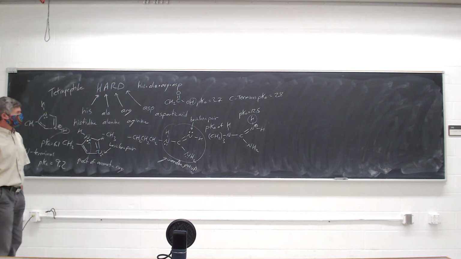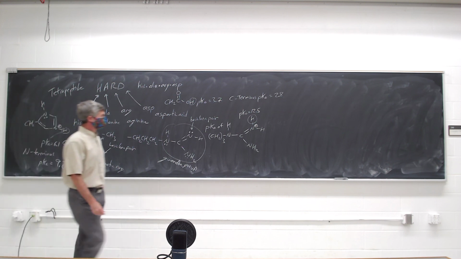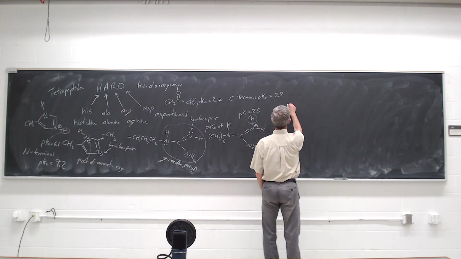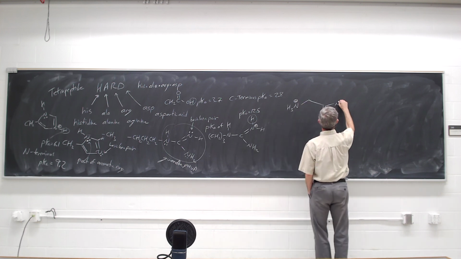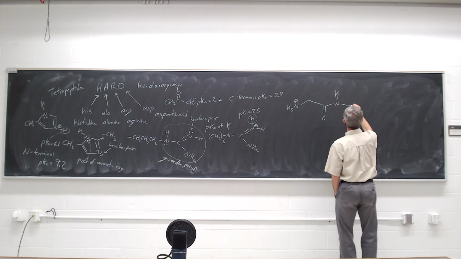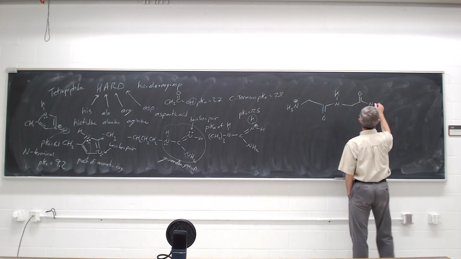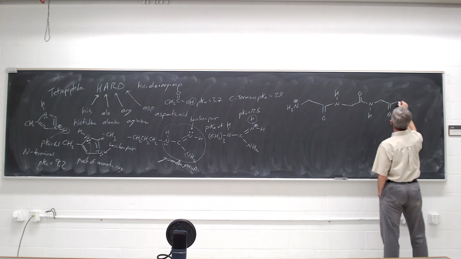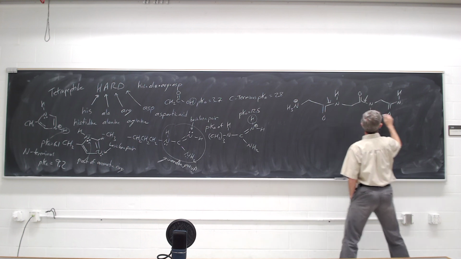So now we can go about writing this at physiological pH and calculating its isoelectric point. Start on the left with the N-terminus, H3N plus. Draw the peptide chain. So there will be 3 peptide bonds. Right, so there's 1 peptide bond, there's a 2nd peptide bond, there's a 3rd peptide bond.